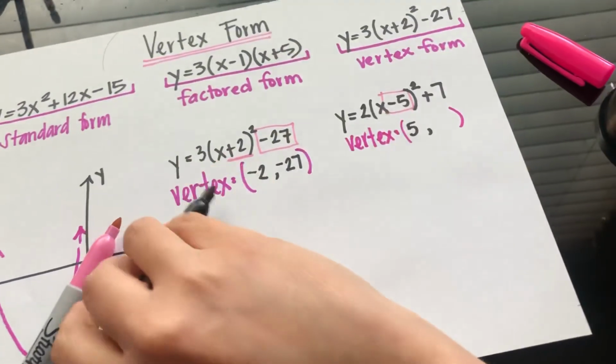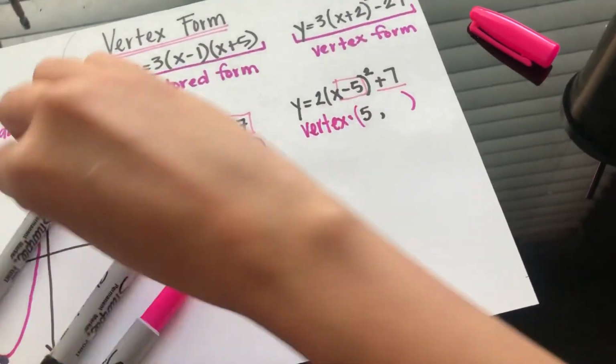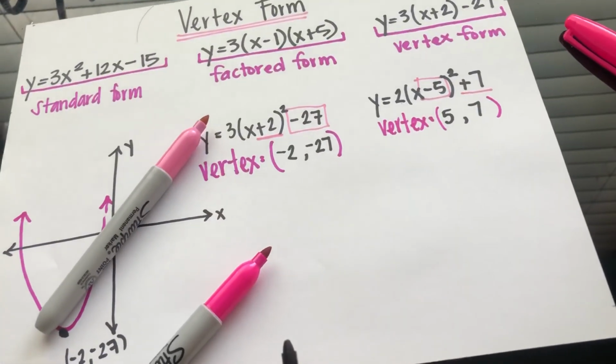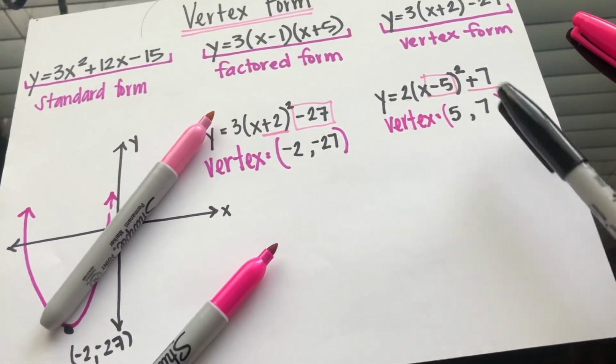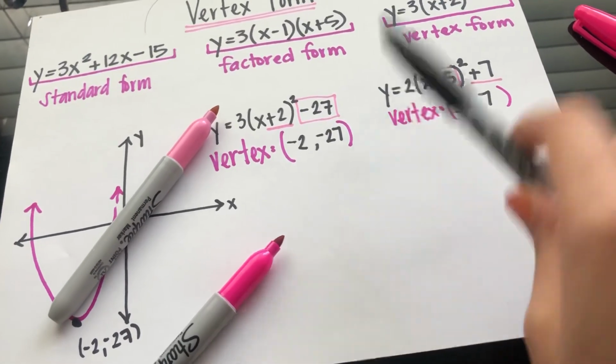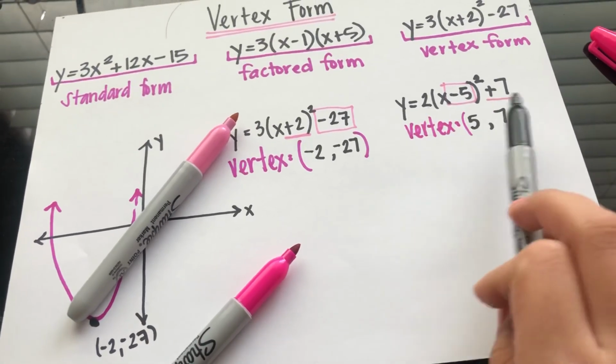And then my y value for this vertex would be this plus 7, and that one stays the same. So then my vertex for this example is (5, 7). And again, it would be a parabola that's going up like a U because it's a positive quadratic, okay?